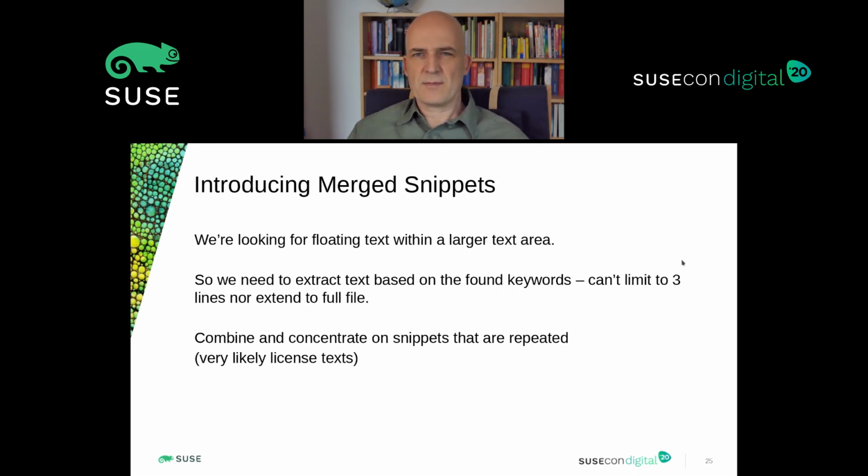So the next introduction I had was I looked into continuous text areas. If the confidential hit is close to another keyword, I merge these areas up to a specific heuristic. So we are looking no longer for a fixed size context, but to a floating text area within source files.